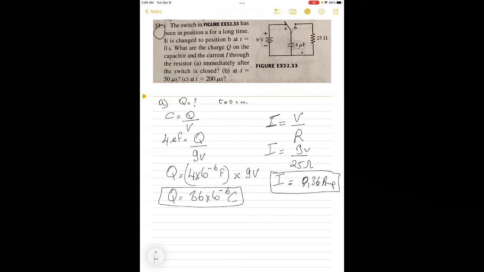Okay, from here we go to question B, and this one we're going to use the time constant formula.